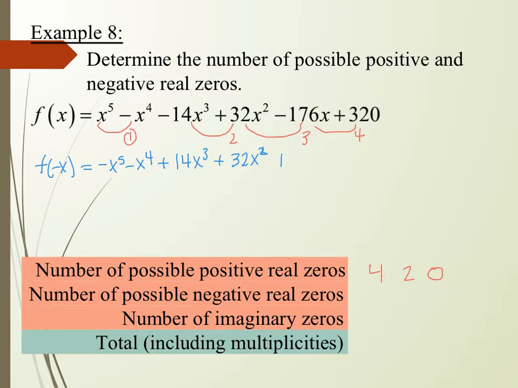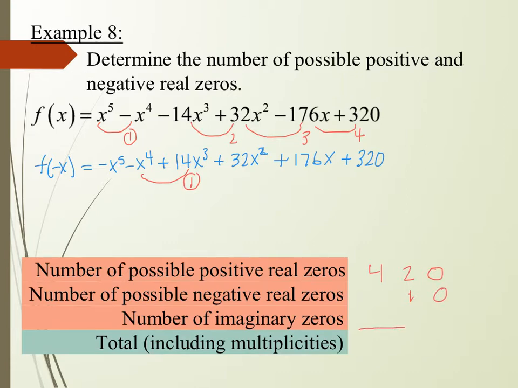This is now a positive because a negative x times a negative 176 is a positive 176x plus 320. And in this case, we only see one sign change, actually. We see the sign change there as 1. So we either have a 1 or 0 here.